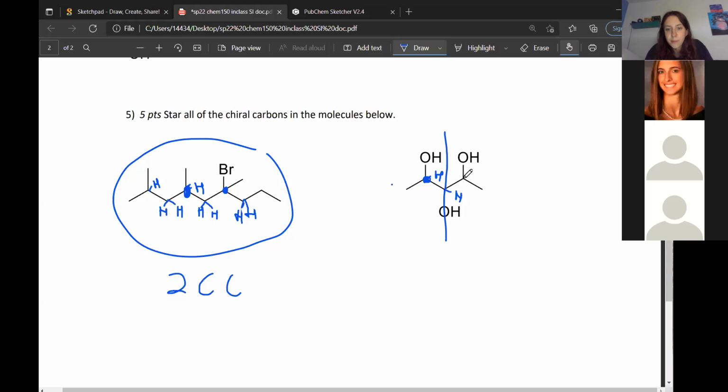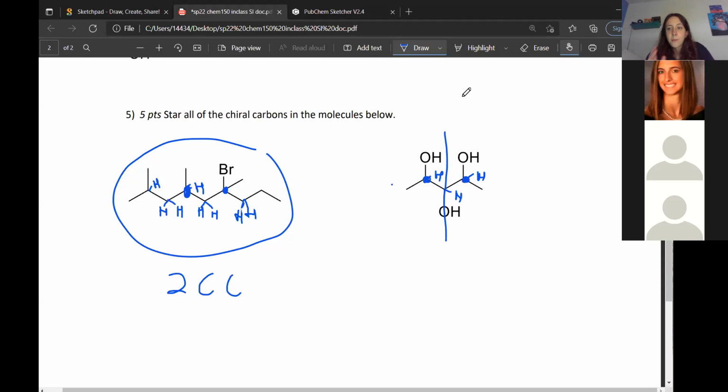We move over 1 more carbon, right? This one has a hydrogen, an alcohol, a methyl, and this big group over here. And so this one would be chiral. So these 2 can be chiral, even though it's in a symmetrical molecule, because they don't have the same substituents coming off of each one. That was kind of weird how I worded it.